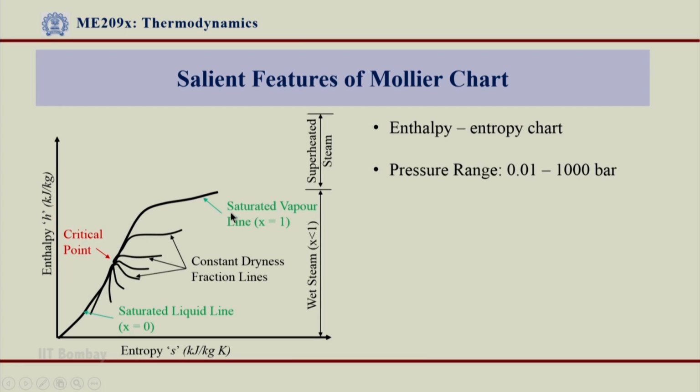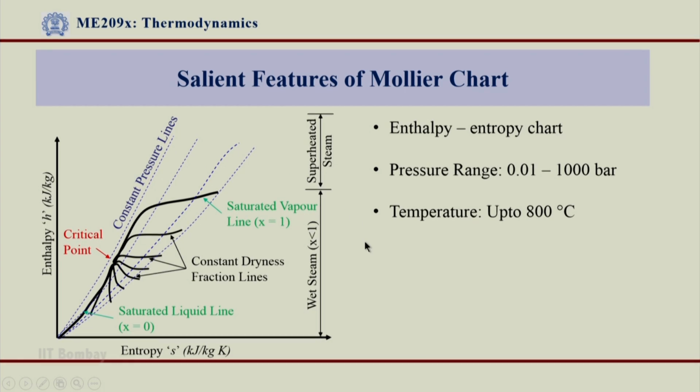We can have in the same diagram various pressure lines, and the pressure range is from 0.01 to 1000 bar, similar to what we have in steam tables. These pressure lines would be shown like this. You can see various constant pressure lines across here. In the actual Mollier chart, you will have the pressure values given over here.